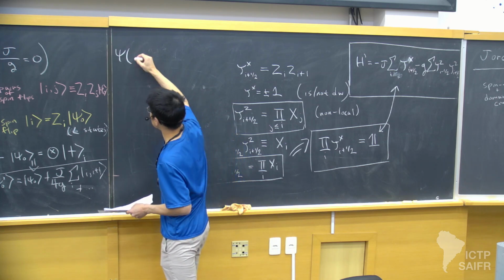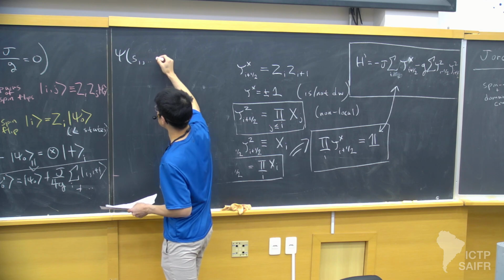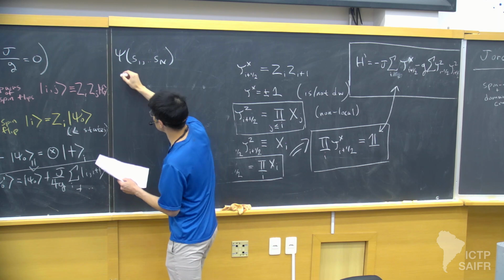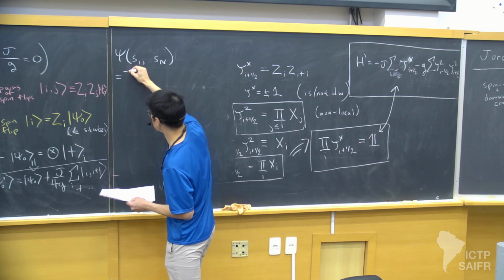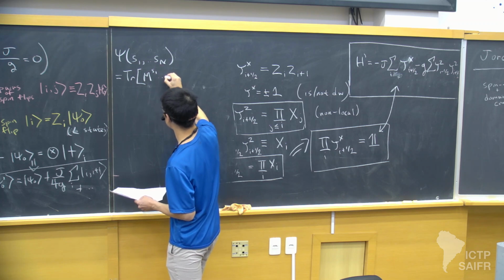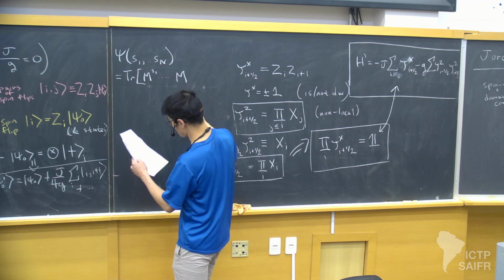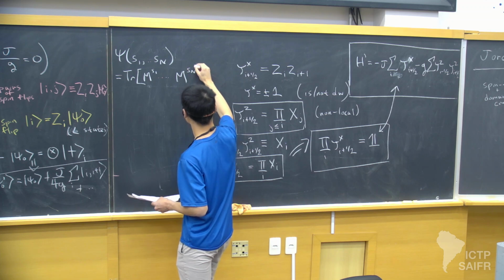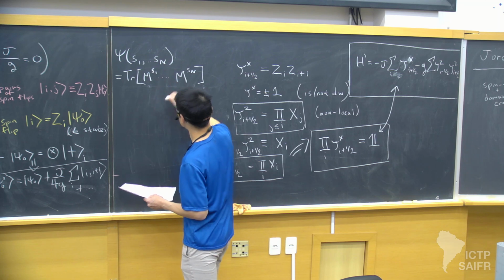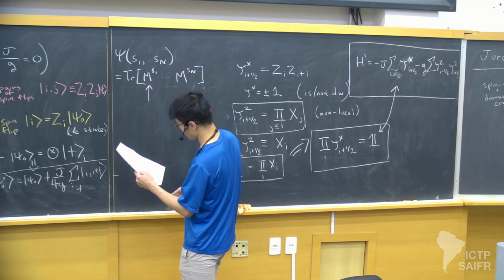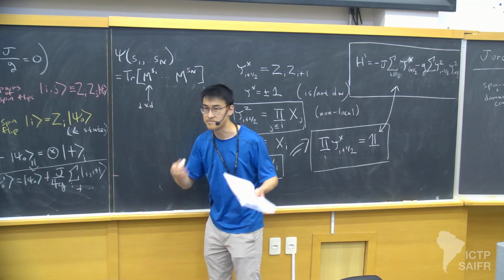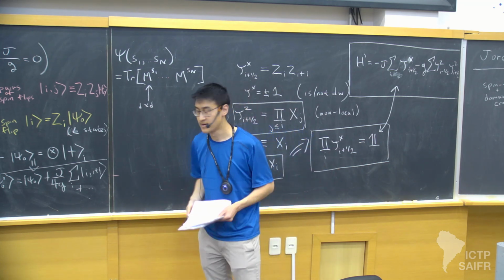You can define a wave function in terms of some spin configuration as a trace of a product of a bunch of matrices, M^{S1} all the way to M^{SN}. Here M is some D by D matrix, where D is a parameter that you can choose.